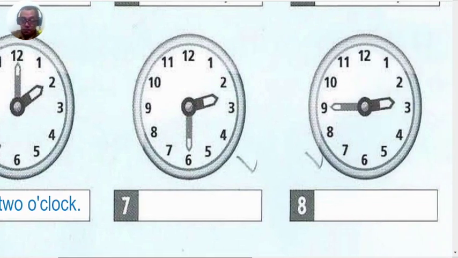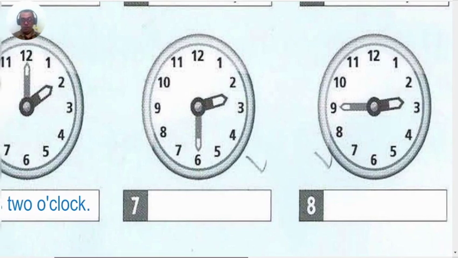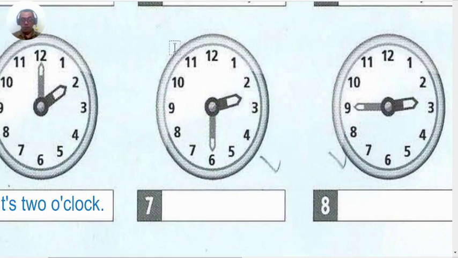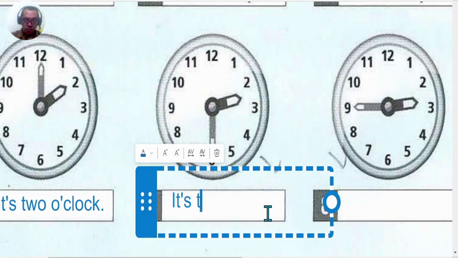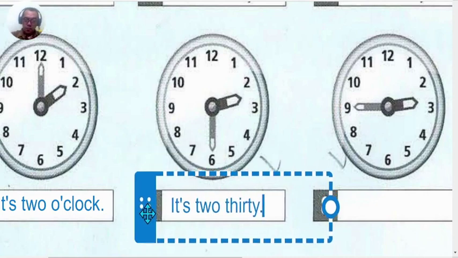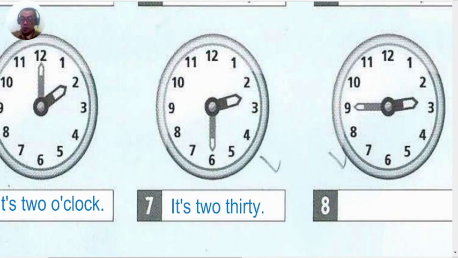What about now? Number 7. What's the time? It's 2:30. It's 2:30.